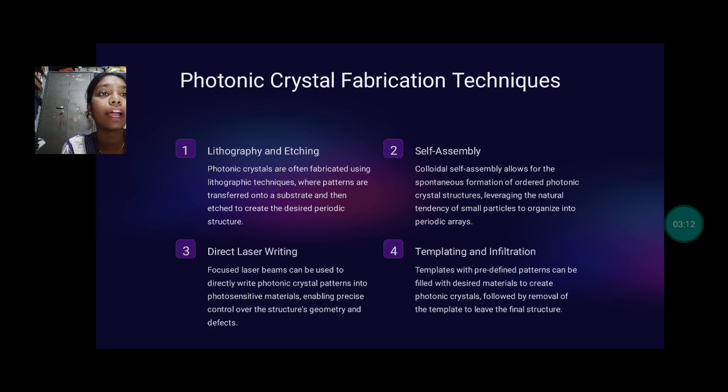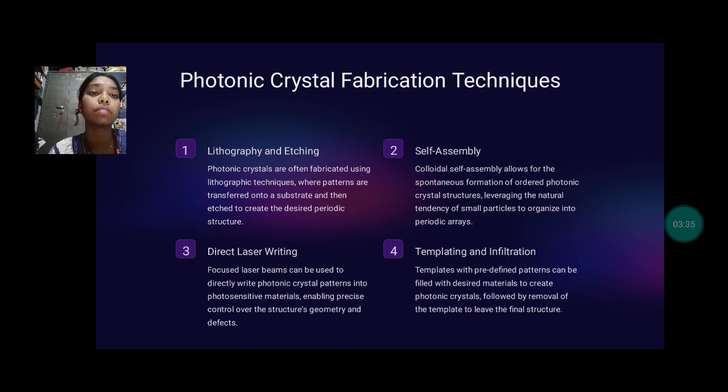Now step 2. Self-assembly. Colloidal self-assembly allows for the spontaneous formation of ordered photonic crystal structures, leveraging the natural tendency of small particles to organize into periodic arrays. Now step 3. Direct laser writing.